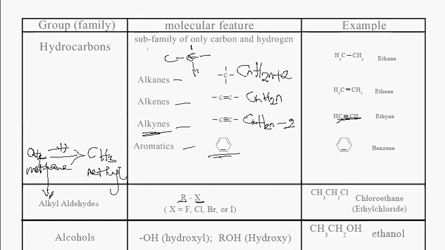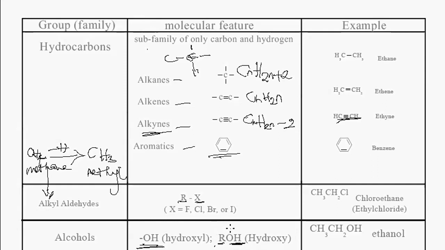Alright, having known this, the next thing we'll consider is the alcohols. The alcohols contain the hydroxyl group. So we have an alkyl group added to a hydroxyl to give an alcohol.